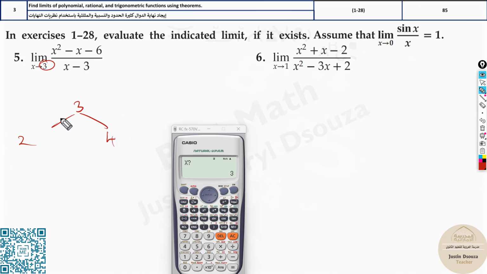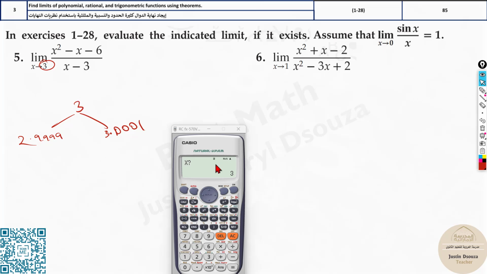But can we go closer? You can consider, instead of 2 and 4, 2.9 and 3.1, isn't it? Or how about 2.999, which is literally 3, and over here instead of 3.1, 3.0001, which is very close to 3.